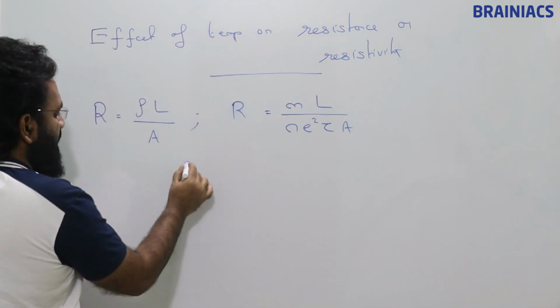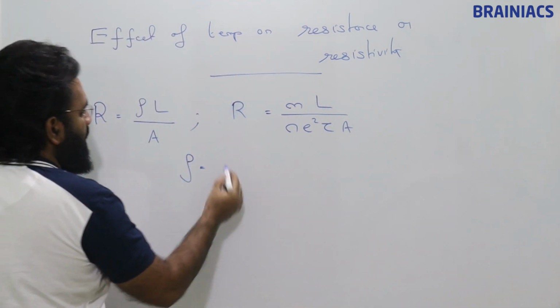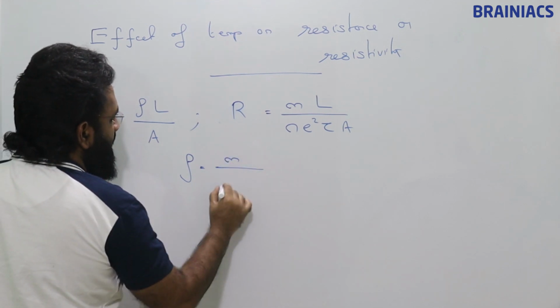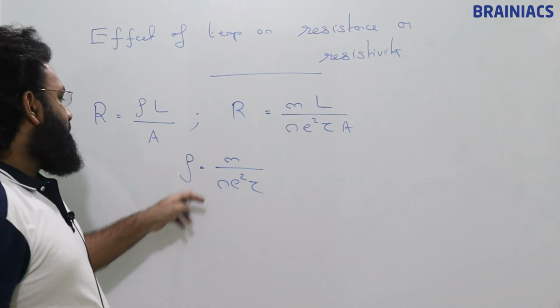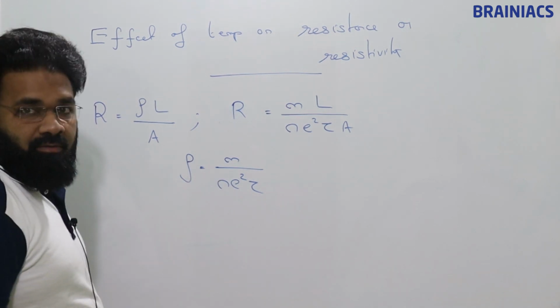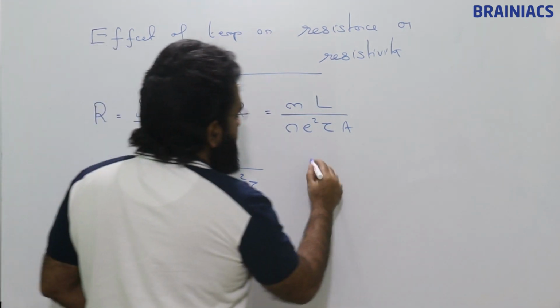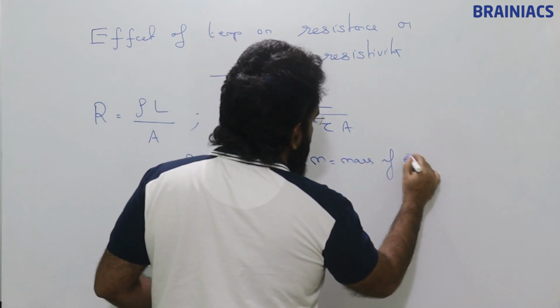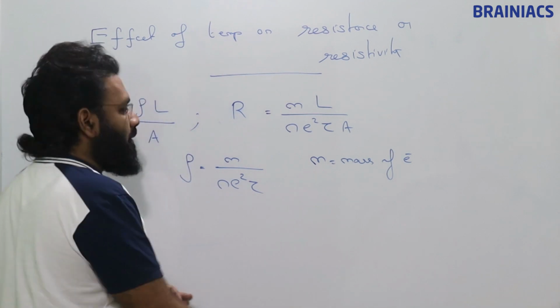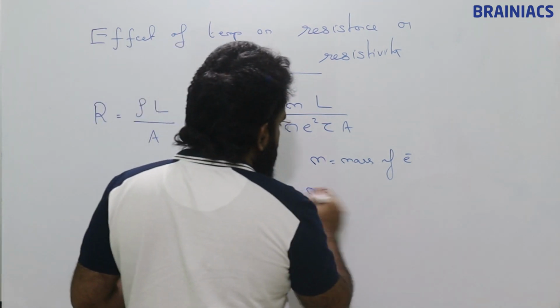So from this we can write rho is M by N E square tau, where this rho is resistivity, M is nothing but mass of electron, N is what?